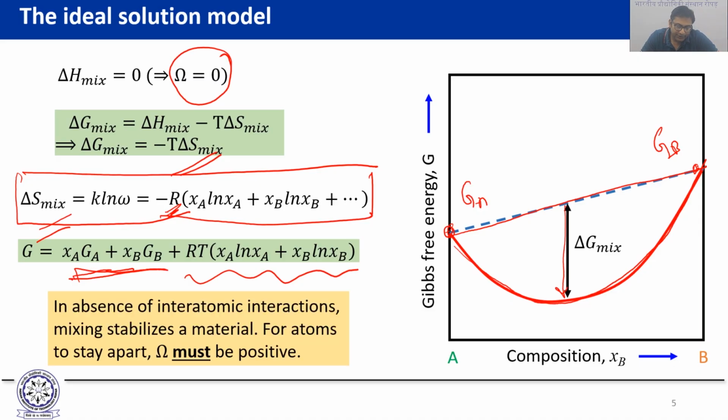So in absence of interatomic interactions, the mixing is going to stabilize the material. That is the effect of entropy. And for the atoms to stay apart, as we saw just now, the interaction parameter must be positive.